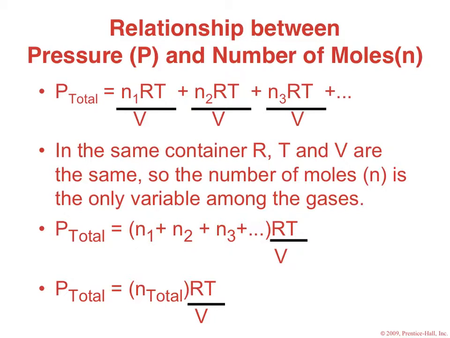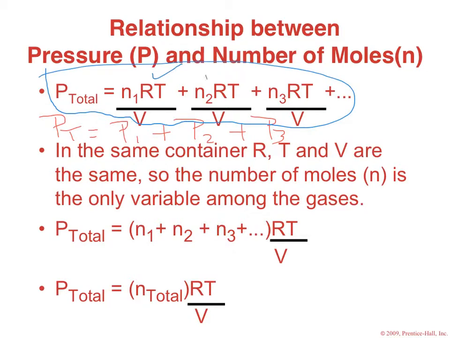So if we take Dalton's law, which said the total pressure of any mixture of gas is equal to the sum of all of the partial pressures of the gases in the mixture, what I've done here is I've simply subbed in the ideal gas law for all the partial pressures.